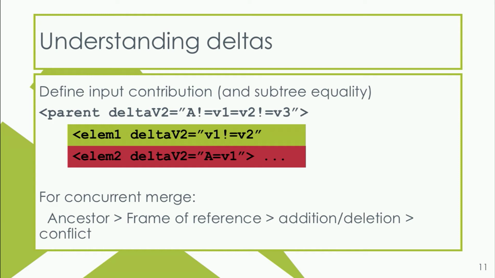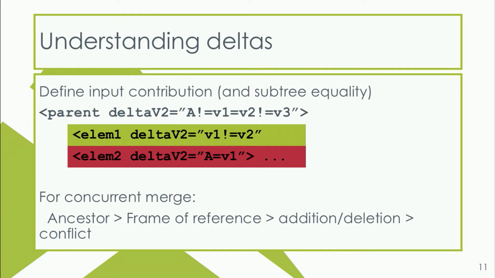Looking at element 2, we can see that the ancestor is present both in element 2 and the parent, but there are fewer versions in element 2, and that tells us there's a deletion. You can do set difference, and you can calculate who did the deletion. So that gives you a feel of the delta calculation.